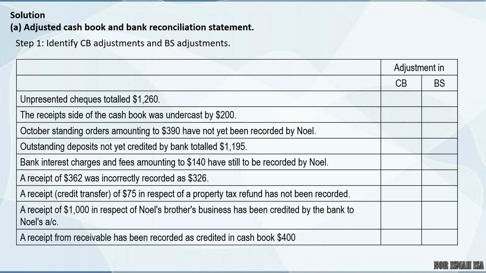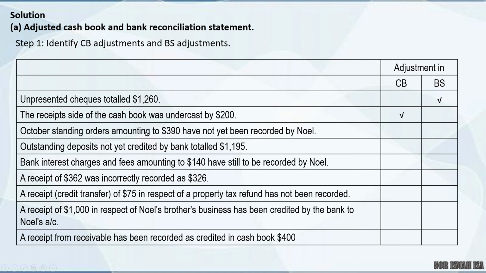We have 9 transactions here. One is the unpresented cheque. We know that this appeared in the cash book, so the adjustment should be done in the bank statement. As for B, the receipt side of the cash book was undercast, so this error was made in the cash book, so it should be adjusted in the cash book.